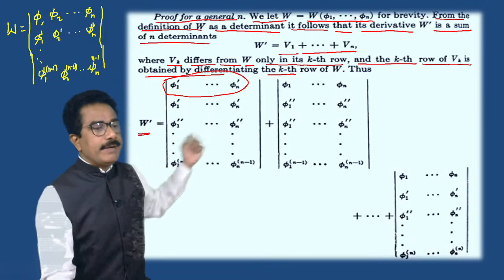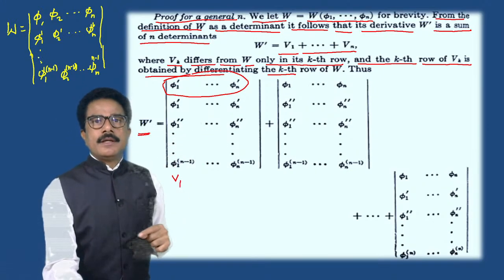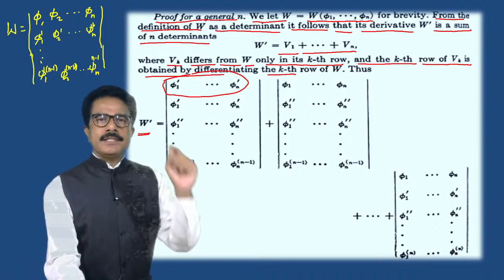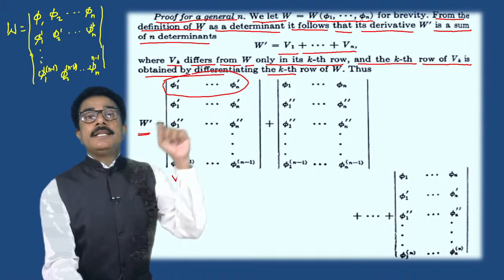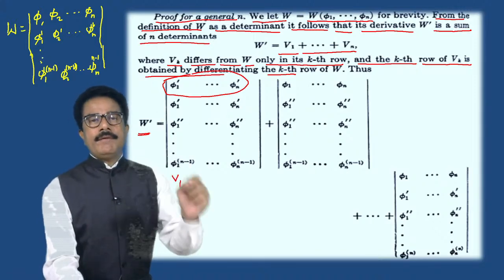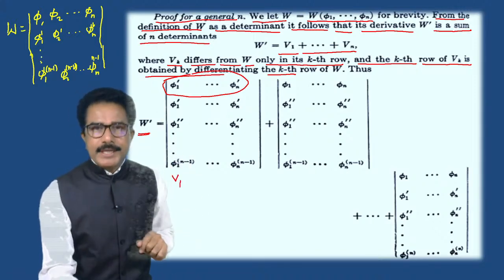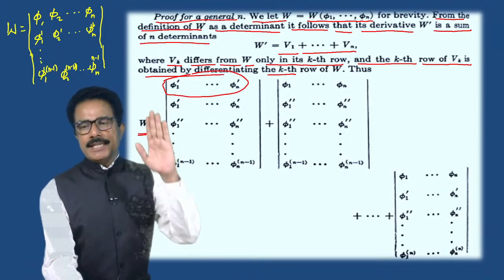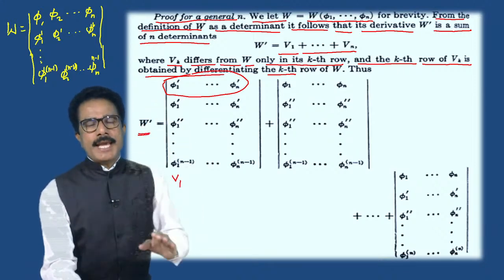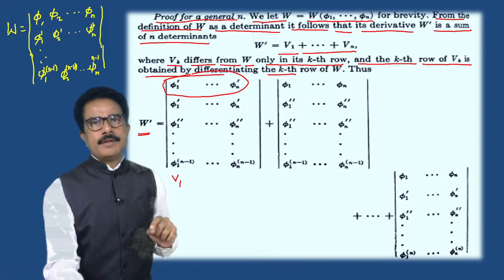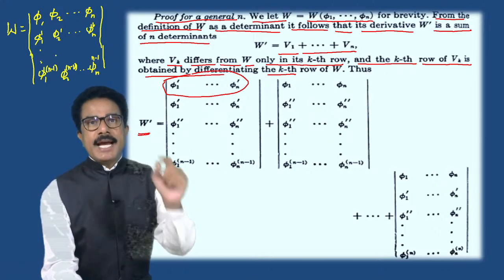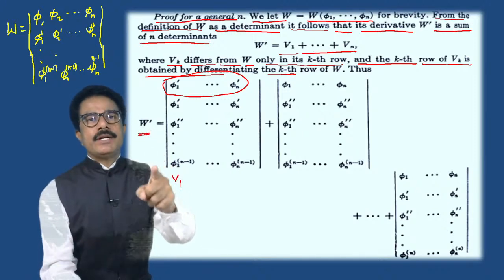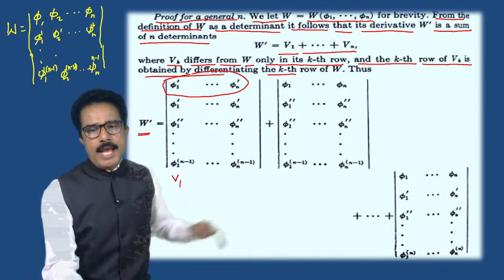Now its derivative is a sum of determinants V1, V2, V3, up to Vn. We consider this as Vk, the general determinant, any determinant Vk, obtained by taking the derivative of its kth row.